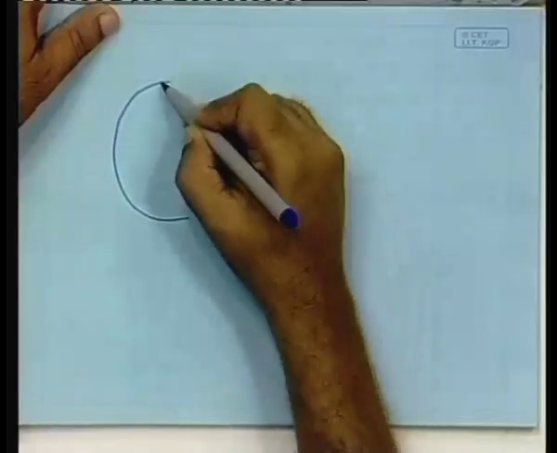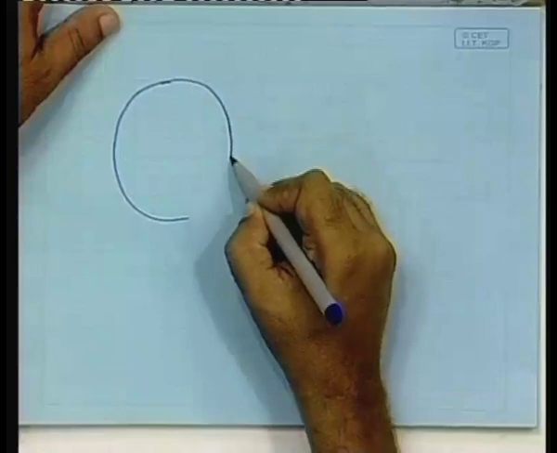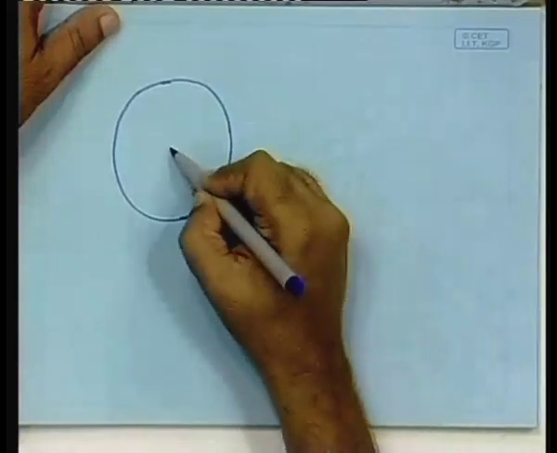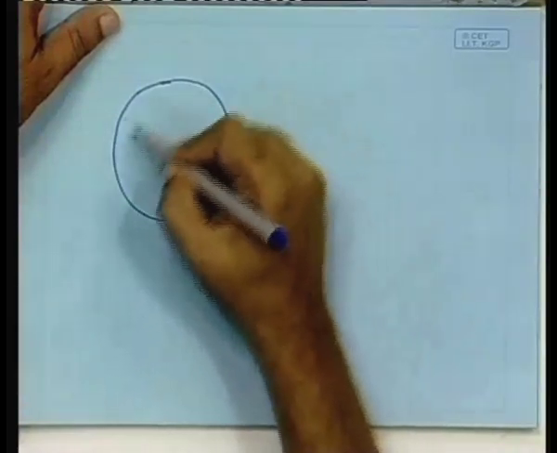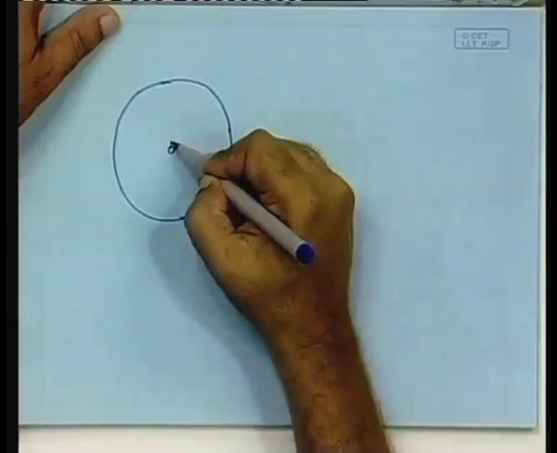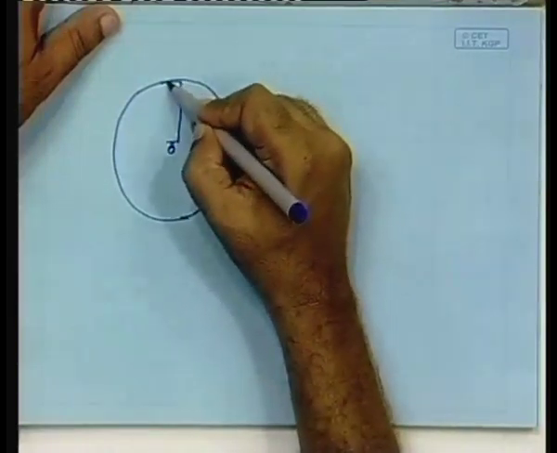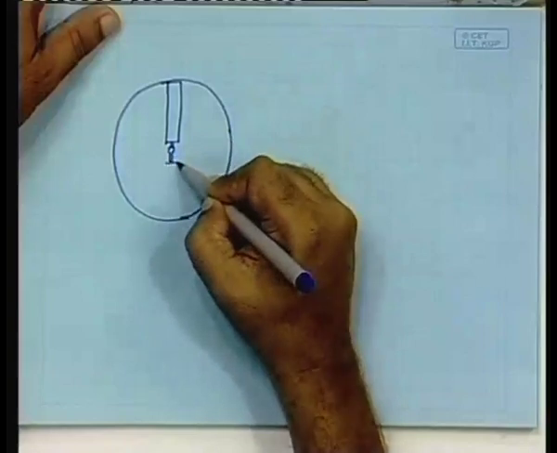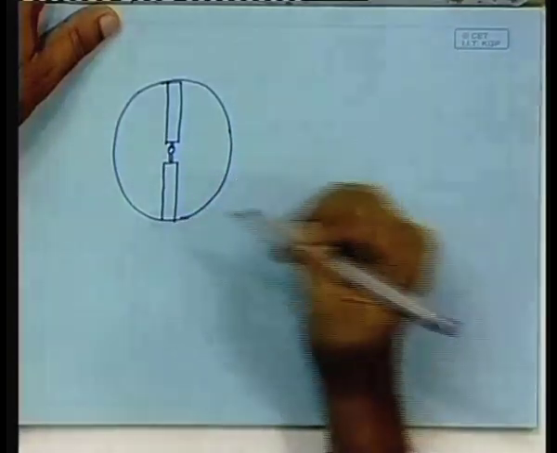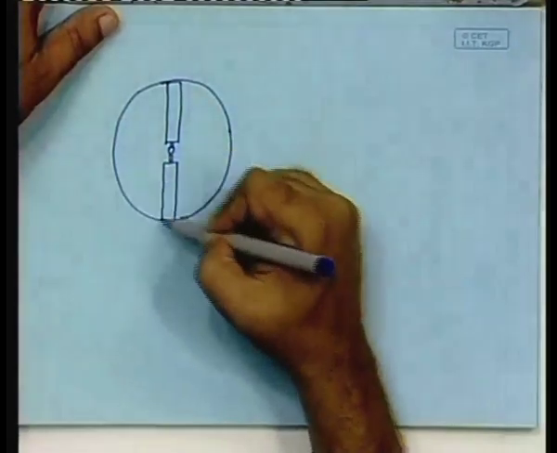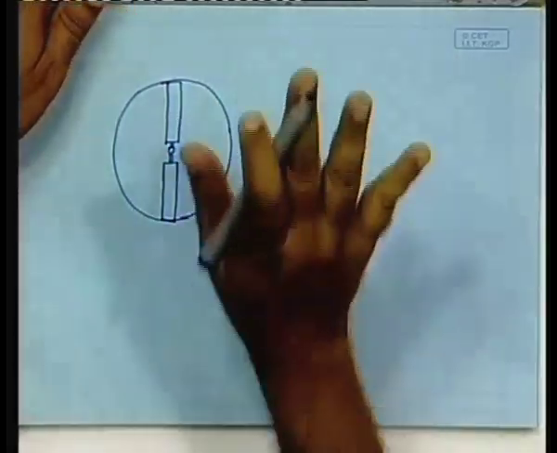I suppose in one of the classes I have talked about the concept of solidity, right? Solidity is the rotor area. Suppose this is the area swept by the rotor, and suppose these are the actual blades, then a part of the swept area is shadowed by the blade.